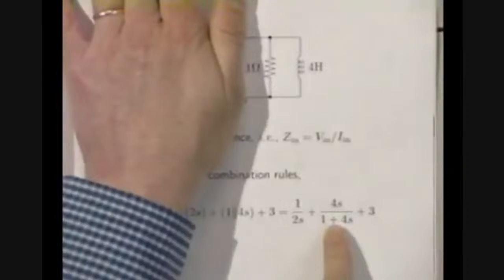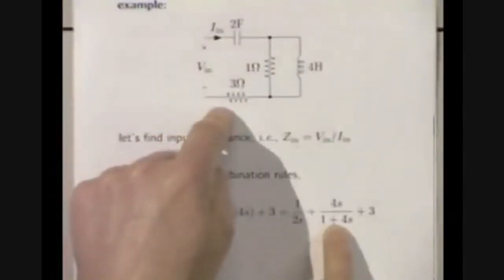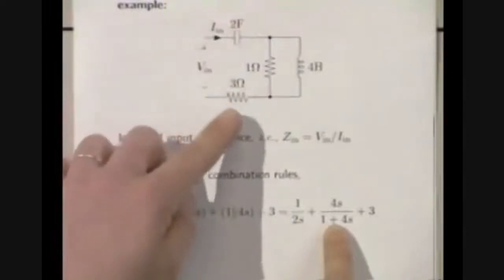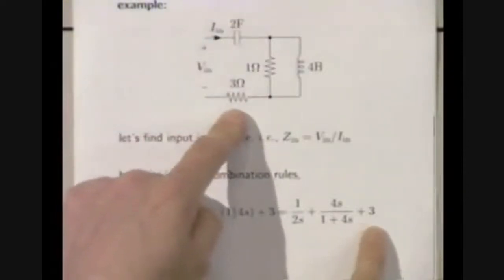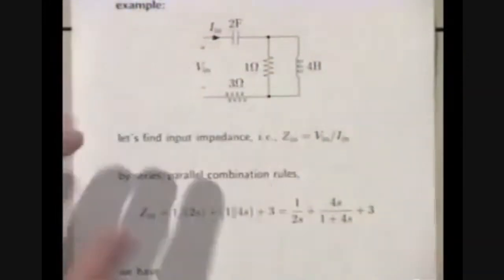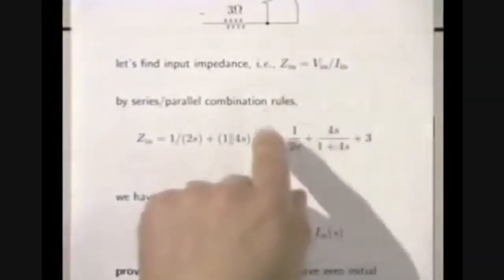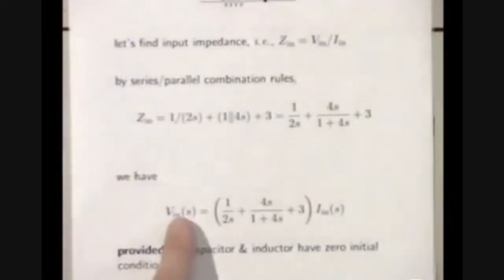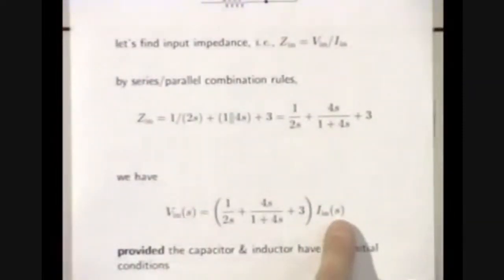Then this is a series combination of three things. It's 1 over 2S, the impedance of a 2 farad capacitance, and the impedance of a 3 ohm resistor is 3. So I get this. This is the impedance of this whole thing here. I could simplify that if I wanted, but it doesn't make any difference. The point is that the Laplace transform of the voltage is the Laplace transform of the current times this, which is the impedance.